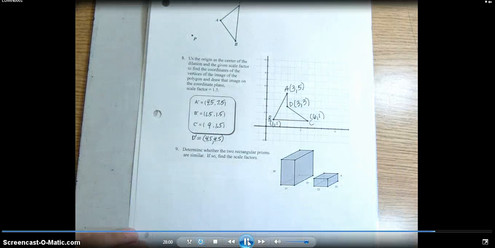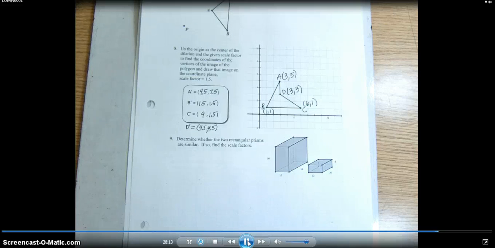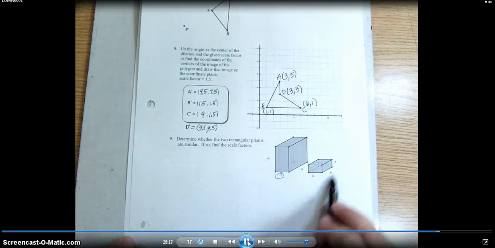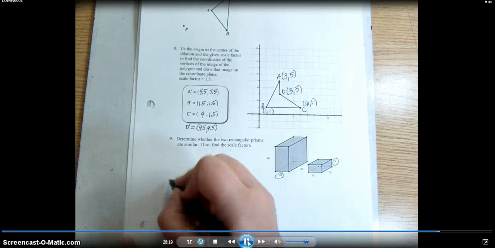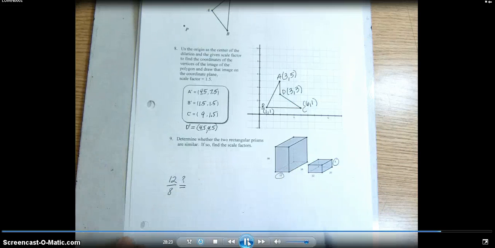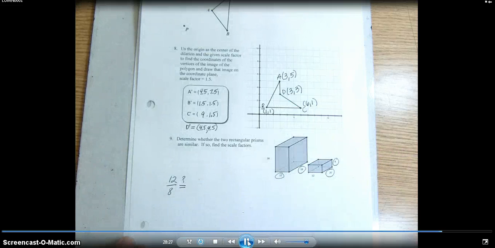All right, next, number 9, determine whether 2 rectangular prisms are similar. If so, find the scale factors. Okay, we're going to compare smallest side to smallest side, medium side to medium side, and so on. So the smallest side here is 12, and the smallest side over here is 8. So we compare 12 and 8, and see if that's the same as medium to medium, oops, I skipped.